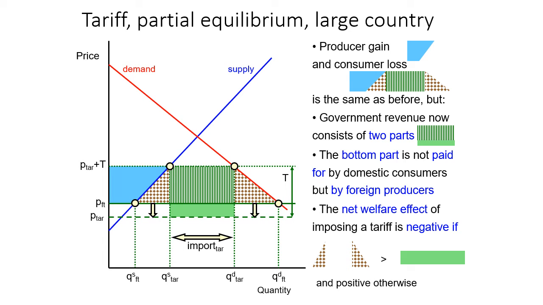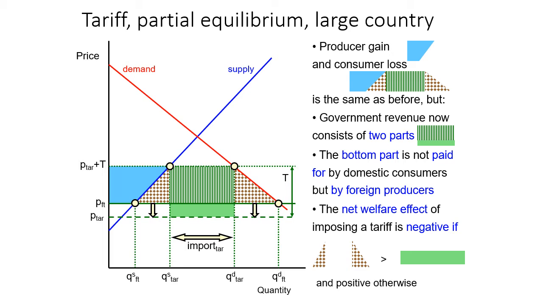There is still the consumer loss, which is the blue part, the checkered brown part, and the striped green part. We still have the producer gain, which is the solid green, or apologies, the solid blue shape. So those are still things that occur.